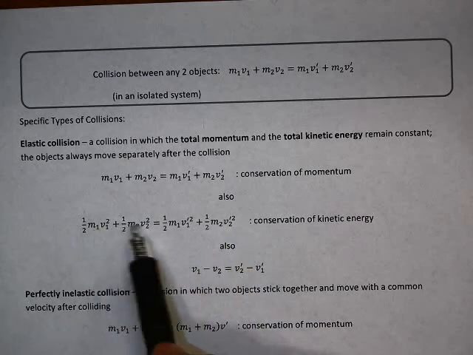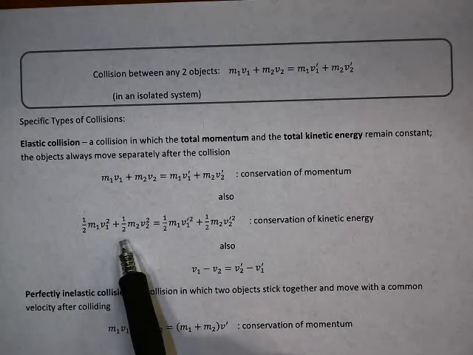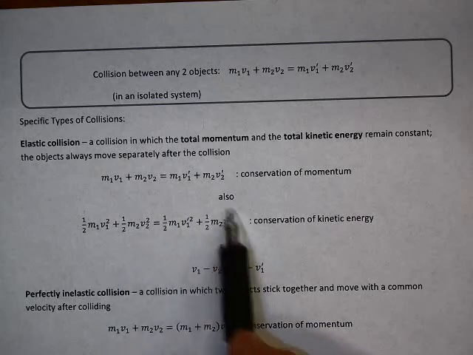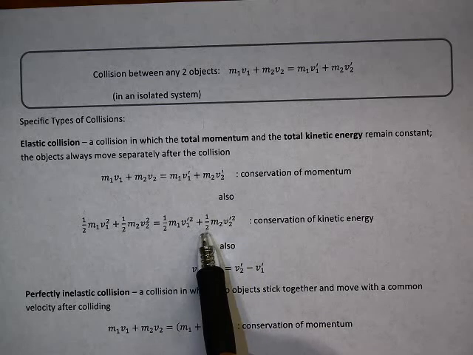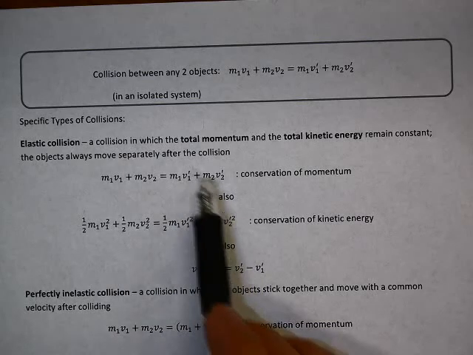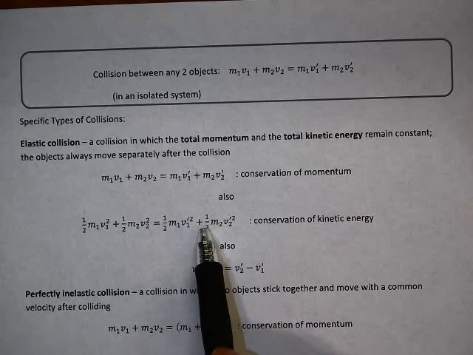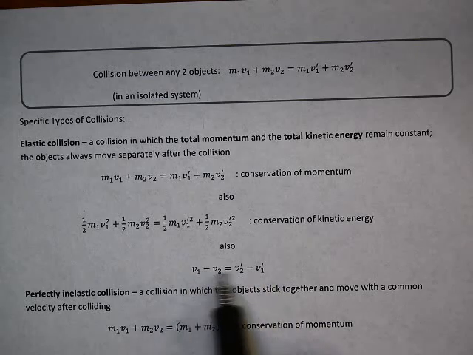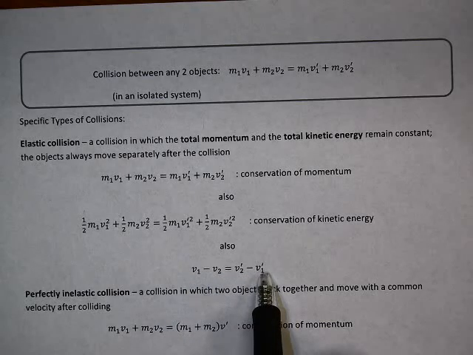This is a statement that says the total kinetic energy prior to the collision is equal to the total kinetic energy following the collision. And if these equations are solved simultaneously, you obtain this equality, which I'll discuss a little bit more later in the video.